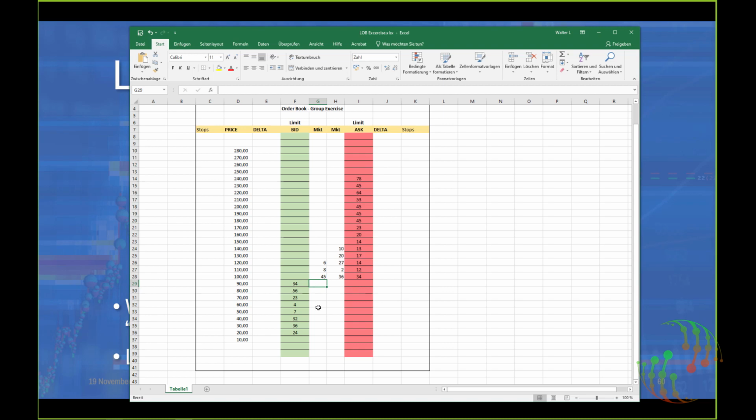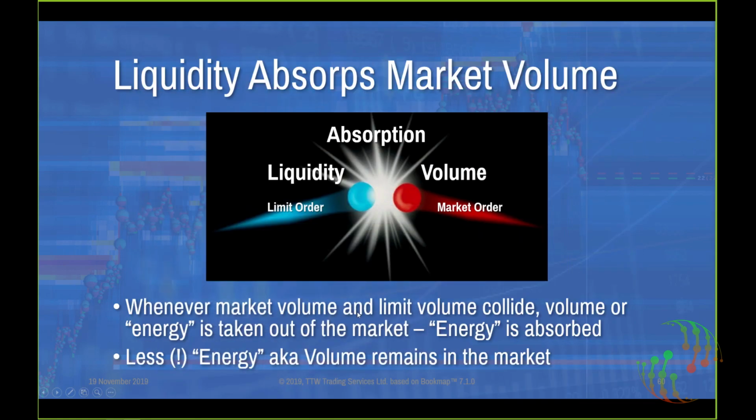Maybe there are still 12 who are trying to get that at that price. But if this dries out, then the price will stop and maybe buyers coming back and buying or lifting the offer here. That's the point with when volume disappears out of the market.